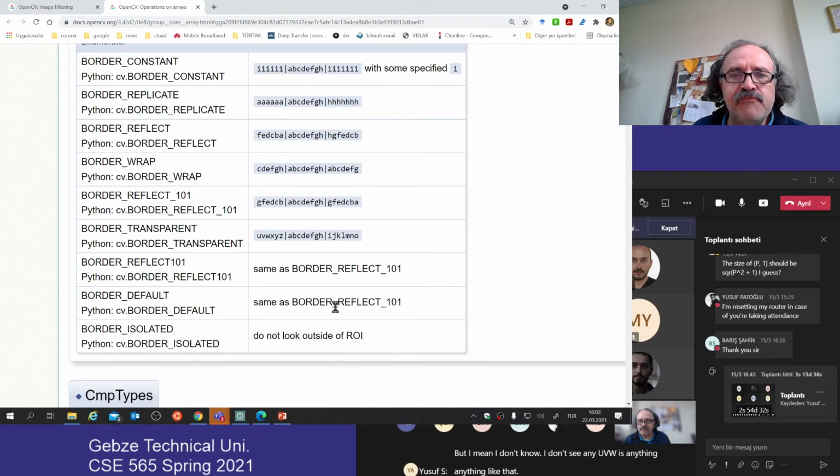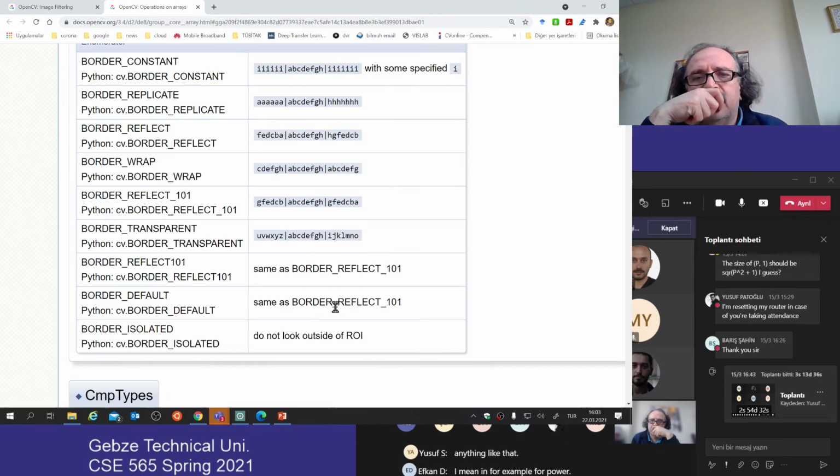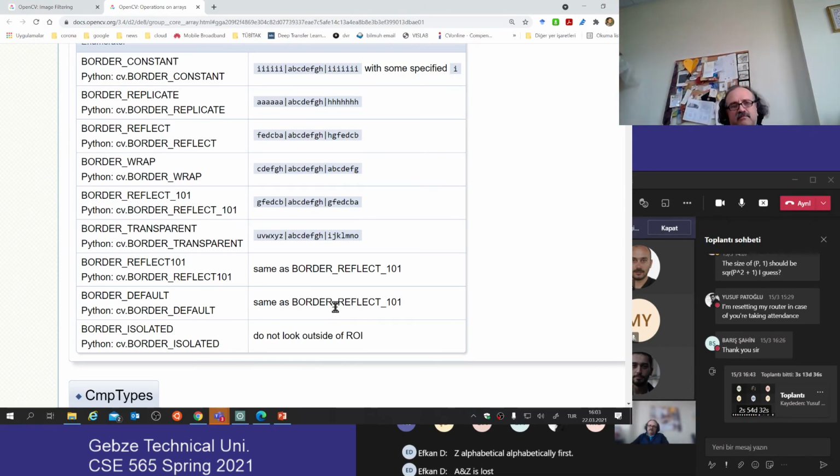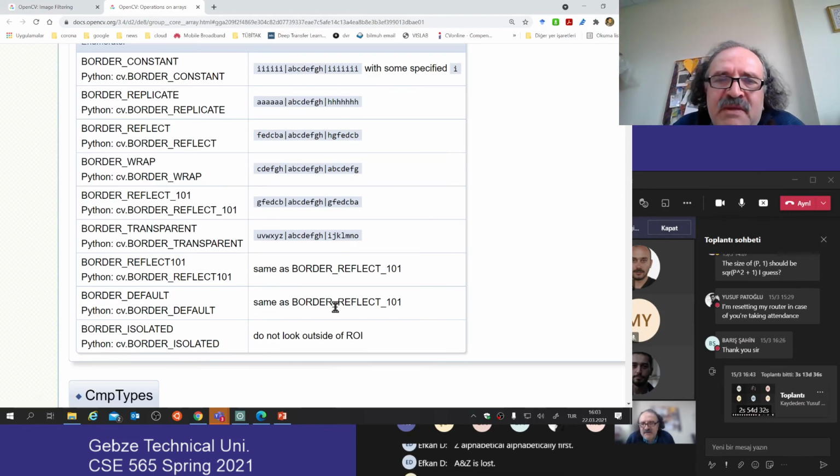For example, if A is 10, what would Z be? Alphabetically, A is first and Z is last.